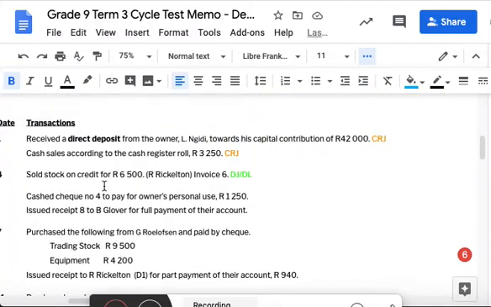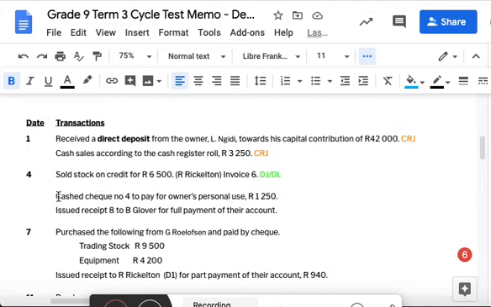The next transaction, also on the 4th, we cashed a check, check number 4, to pay for the owner's personal use. Where does that go, Zetu? CPJ. On the same day, we issued receipt number 8 to B. Glover for full payment of their account.